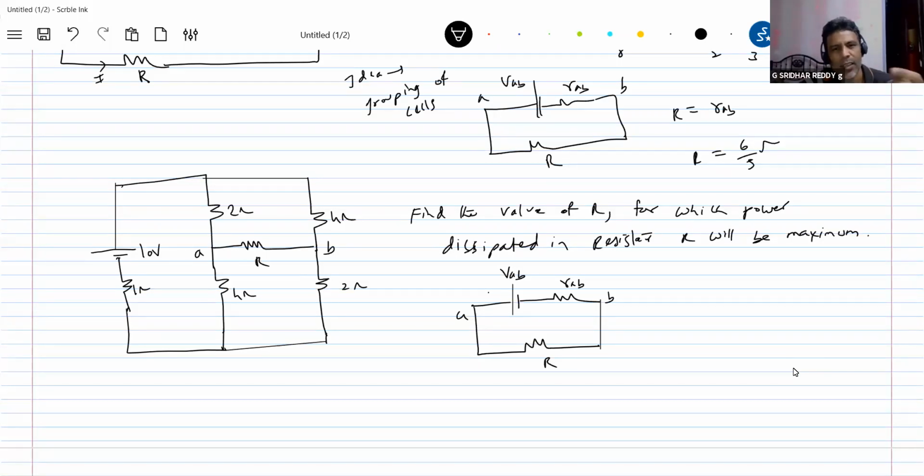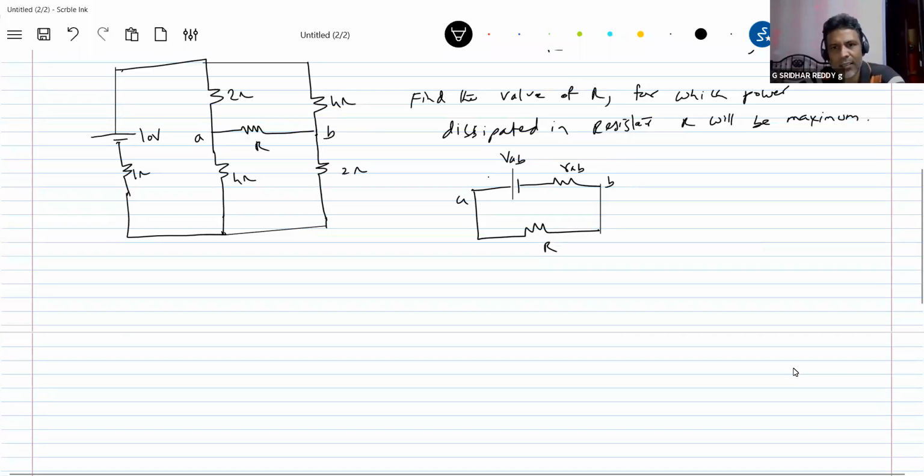So what I suggest is how to calculate the effective resistance. I'll ask you to remove this resistance, the resistor R. Let's remove that.